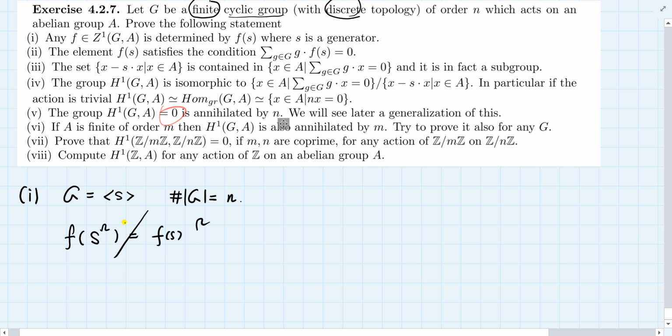But actually no. The problem is that F is not necessarily a group homomorphism. As we saw, what F should do is F(GH) should equal G F(H) plus F(G), if I'm correct.